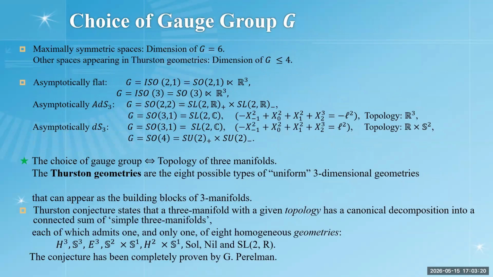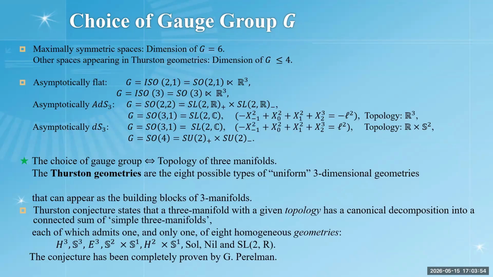Okay, but at least if we believe some correspondence between Chern-Simons gauge theory and three-dimensional gravity, then the topology or shape of the three-dimensional manifold depends on your choice of gauge group. As I already mentioned, for maximally symmetric spaces, this H3 we call AdS3 and S3.